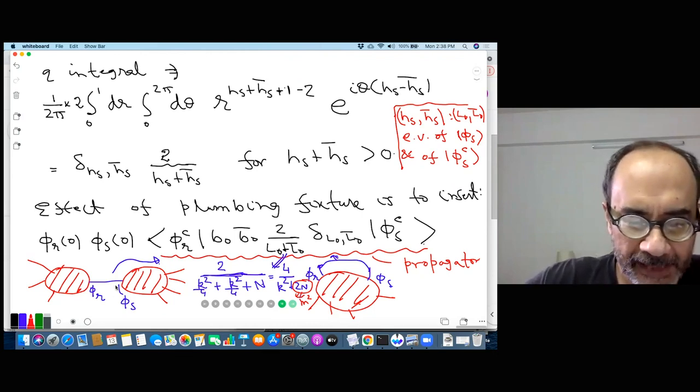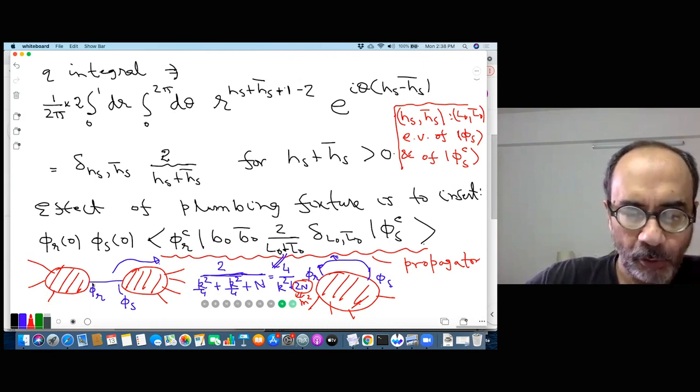Which means that this diagram that we have drawn here, you should think of this internal line as not just a single line, a single particle, but a whole list of particles. That's also apparent from the fact that here we have to sum over r and s, right? These are repeated indices. We are supposed to sum over r and s, and that corresponds to summing over all intermediate particles over here.